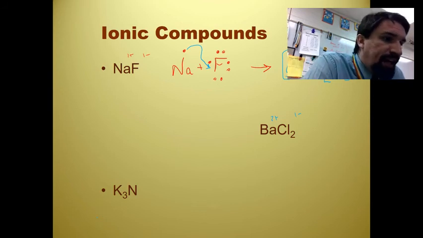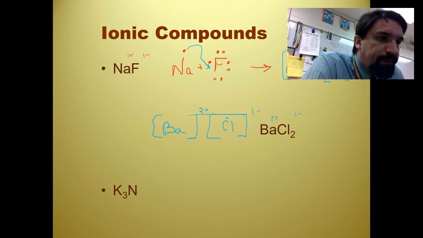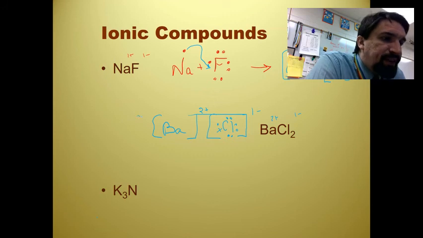So when I try and draw my barium chloride, I am going to put my barium in the middle with its 2+ charge. And I'm going to put a chlorine on one side with a 1- charge. And I'm going to put the other chlorine on the other side over here with a 1- charge.